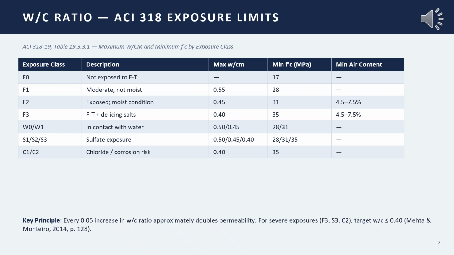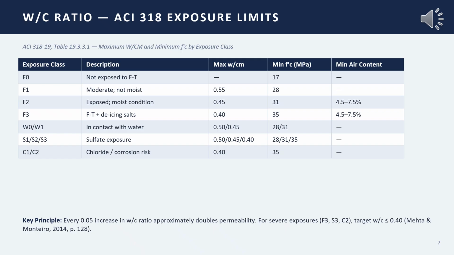Water cement ratio drops to 0.45, strength increases to 31 megapascal, and air entrainment of 4.5 to 7.5% is now required.